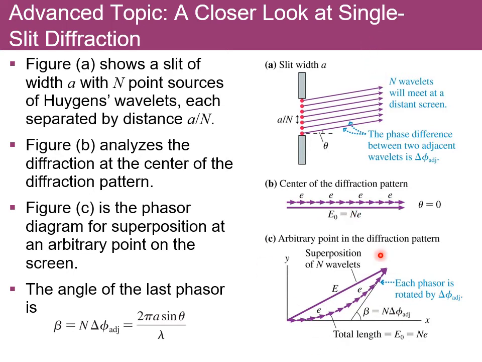Figure C is the phasor diagram for superposition at an arbitrary point on the screen. The angle of the last phasor is beta equals n delta phi equals 2 pi a sine theta over lambda.